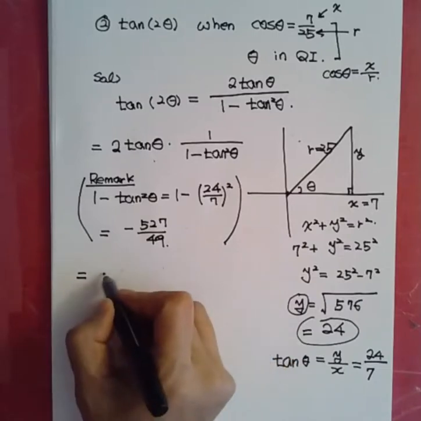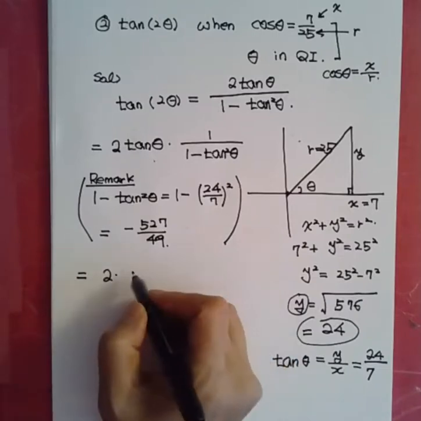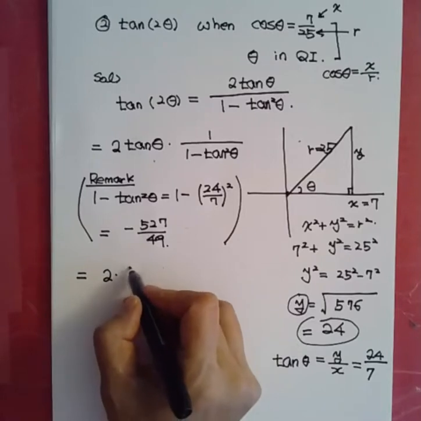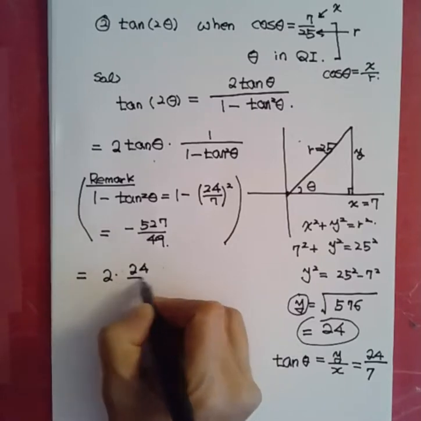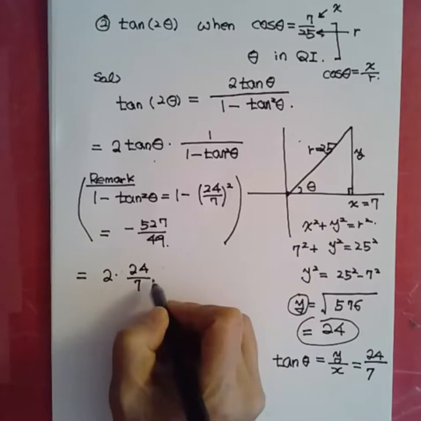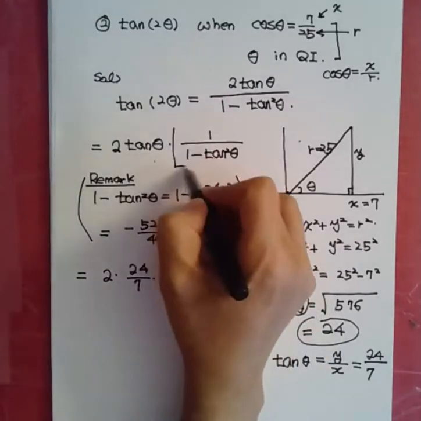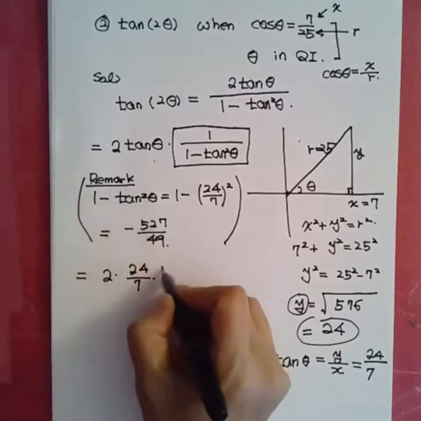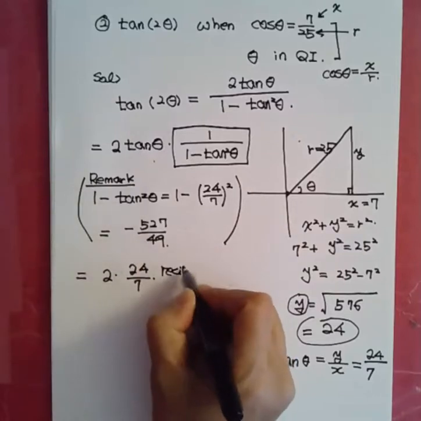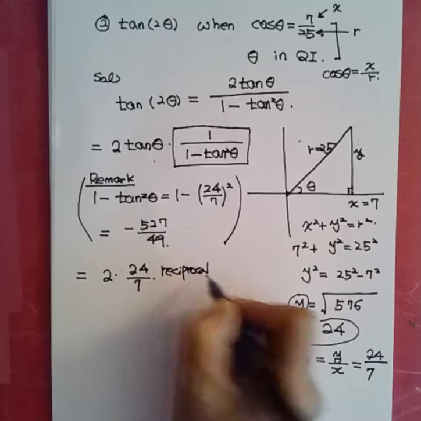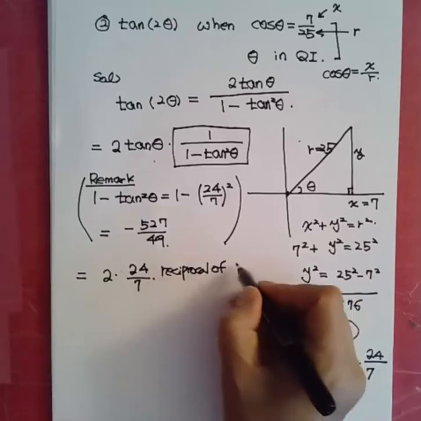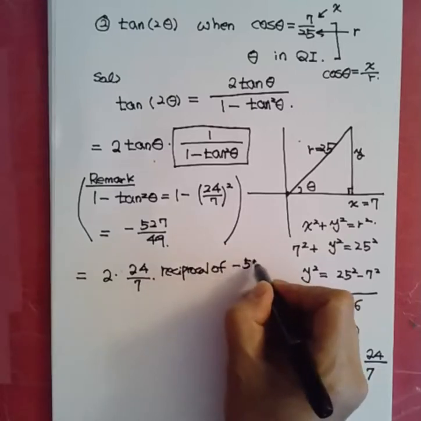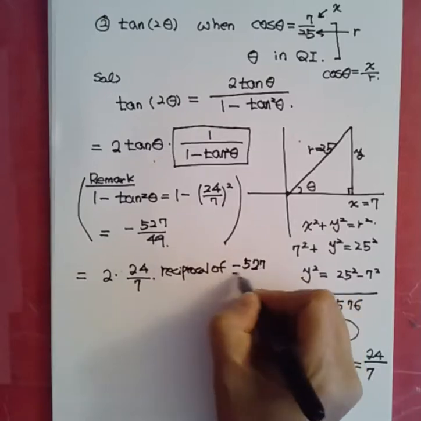So we can write that as 2 times tangent of theta, which is 24 over 7, and 1 over this is the reciprocal of minus 527 over 49.